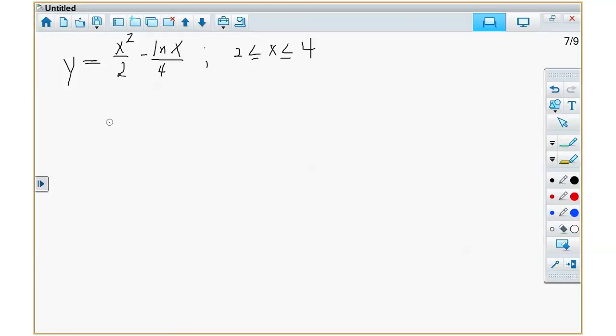Okay. So if y is equal to this, what is y prime? Well, y prime is going to be equal to, I'm going to pull that 1/2 out. Then that'll be 2x, and then 1 over x, minus 1/4 natural log of x. The derivative of natural log of x is 1 over x.